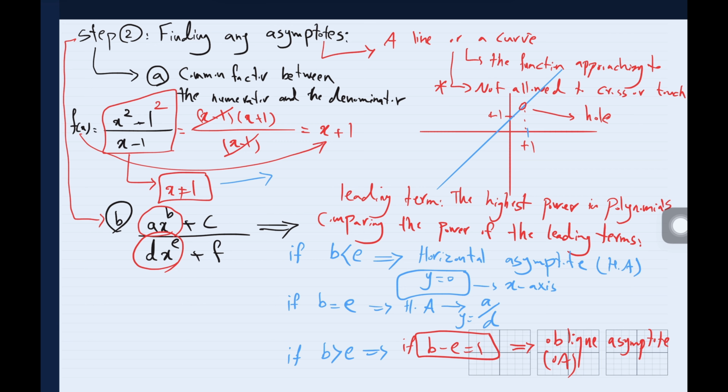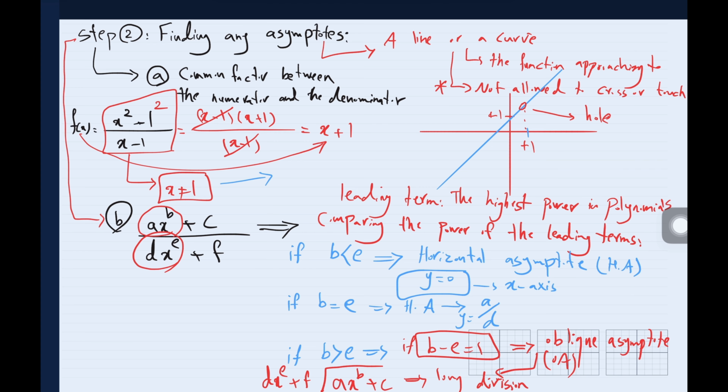And then how can I find that oblique asymptote? It's very easy. I have to calculate, for this oblique asymptote, ax raised to b plus c long division by dx raised to e plus f. So then you have to calculate this long division.